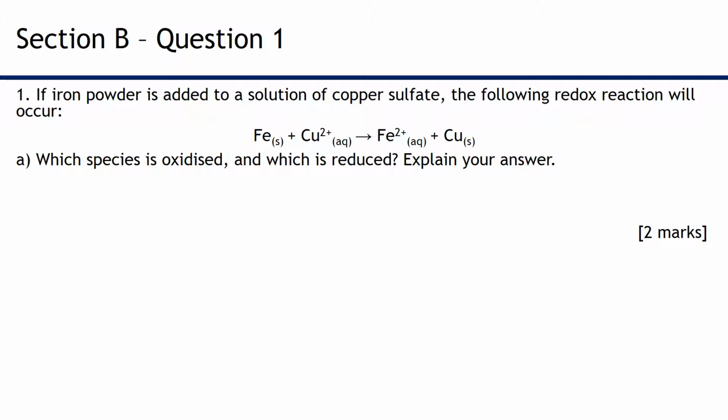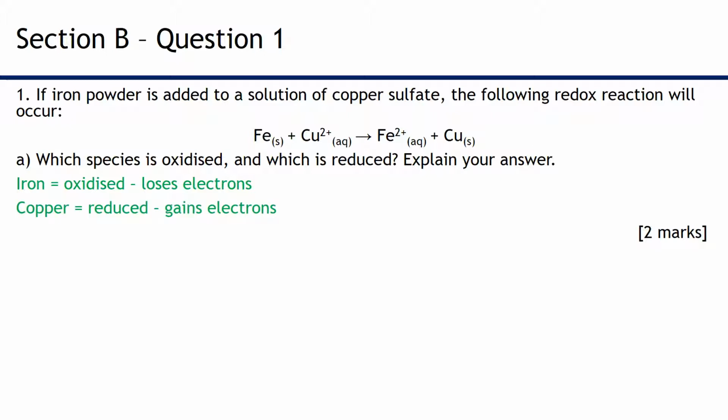So you should recall that oxidation is loss of electrons, reduction is gain of electrons, and if you look at the equation, you will see that iron is oxidized because it loses electrons, going from iron in elemental state to iron 2+, so it has lost 2 electrons, whilst copper is reduced because it goes from copper 2+ to copper elemental state, it has gained 2 electrons.